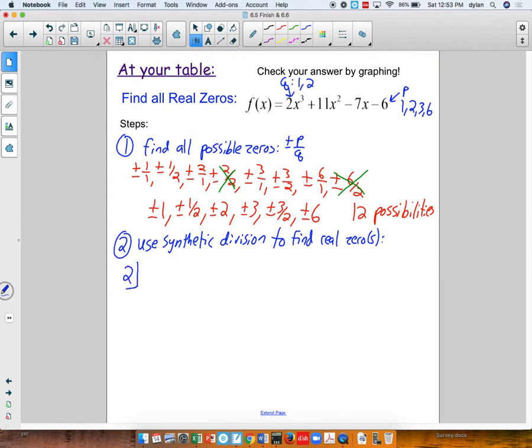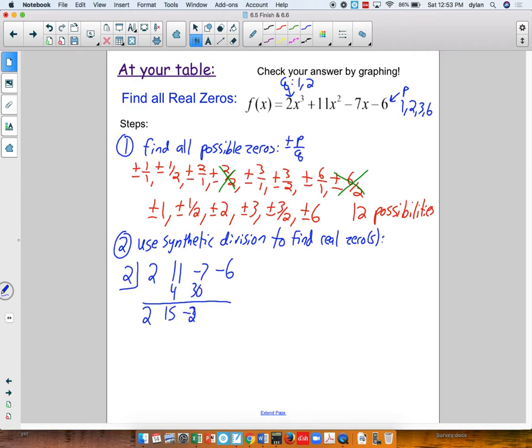So I would do 2 as my synthetic division. Then my coefficients are 2, 11, negative 7, and negative 6. And we're just going to go through the synthetic division. So I drop the 2. 2 times 2 is 4. 4 plus 11 is 15. 2 times 15 is 30.